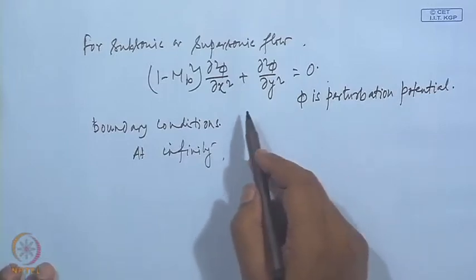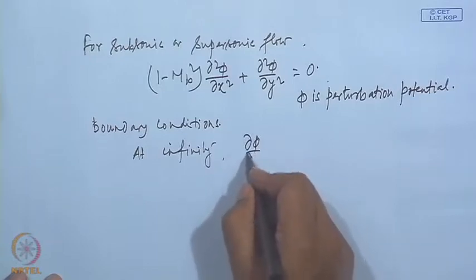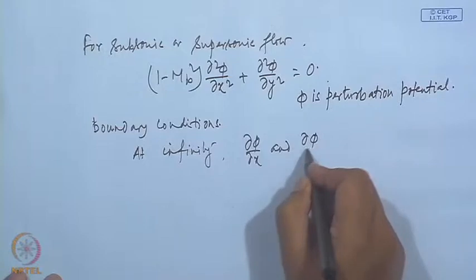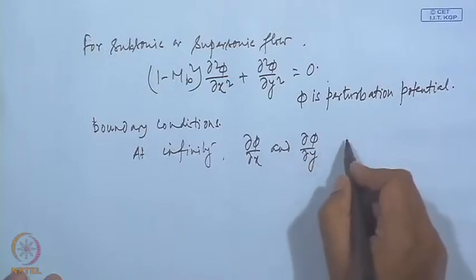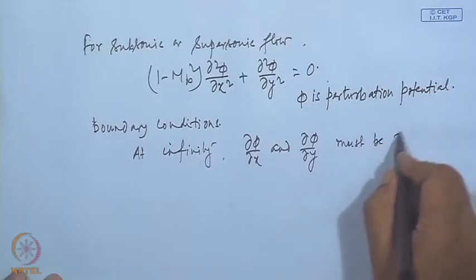What we know about the perturbations is that they must be finite, nothing more than that: d phi dx and d phi dy must be finite.